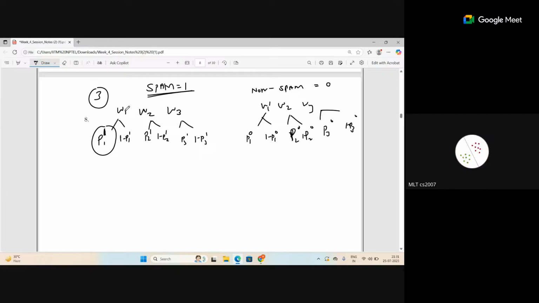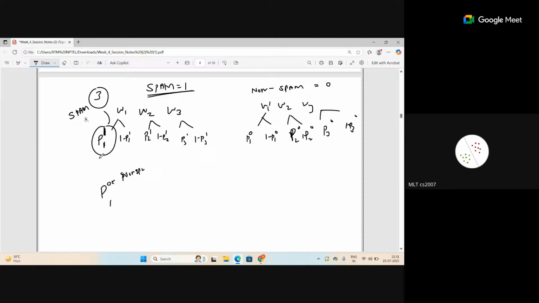So this word will appear in a spam email, and since it is word 1, p11 is the probability of success associated with it. And p10 means the same word appeared in non-spam. This is for non-spam, and this is for spam.